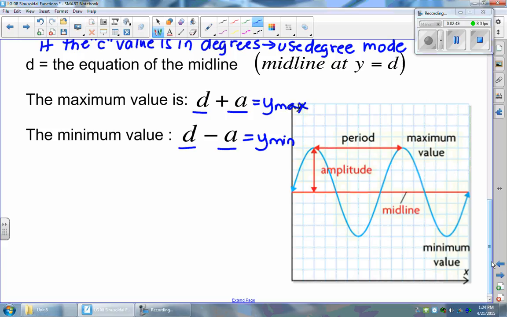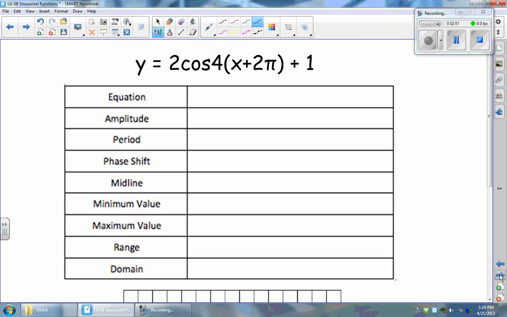Now let's do an example. Here we have the equation. Y is equal to 2 cos of 4 times x plus 2 pi plus 1. So remember, our A value is our amplitude. So this is our A value. Therefore, our amplitude must be 2.